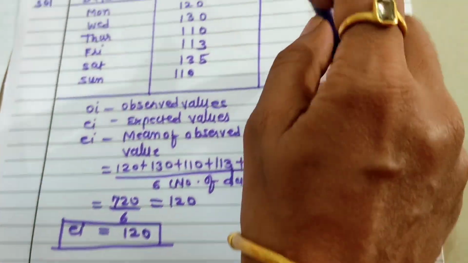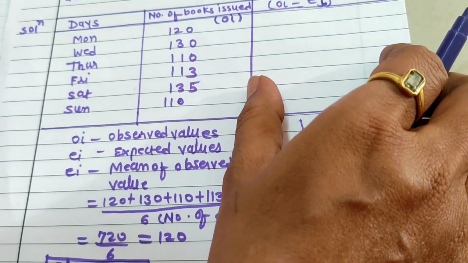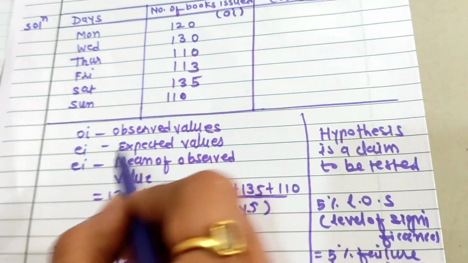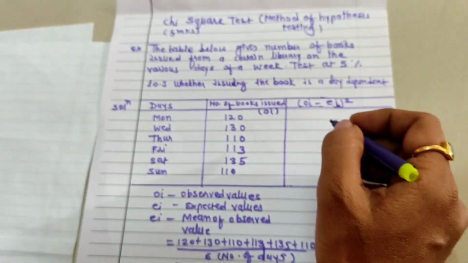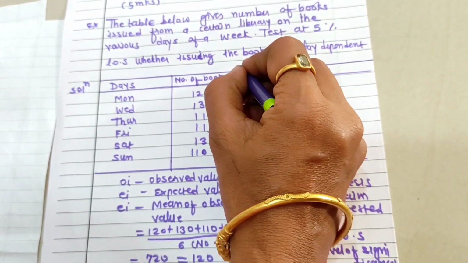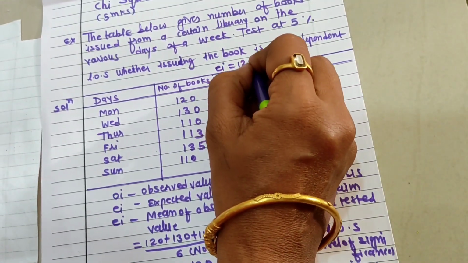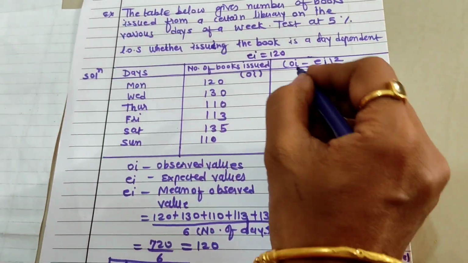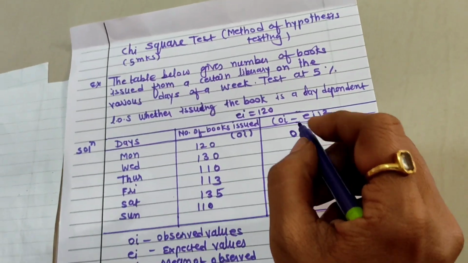Now in the exam, this is given and this we have to make: OI minus EI square. So 120 minus 120, where EI is 120. I write EI equal to 120, which we calculated here. So 120 minus 120 means 0, and 0 square is 0.